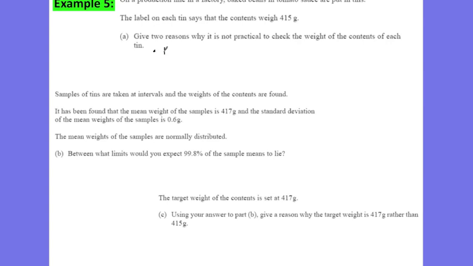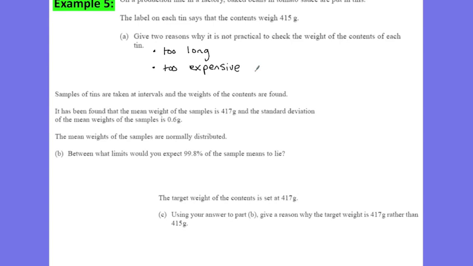Practical reasons, too long, too time consuming. Also, it's going to be too expensive. Why? Because sampling involves the destruction of the product. So when we're sampling, we need to destroy the contents of the tin afterwards. So it's too expensive because sampling would destroy the tins.